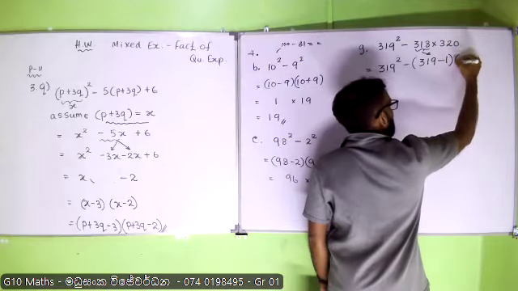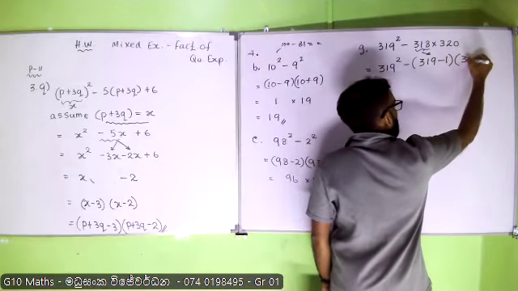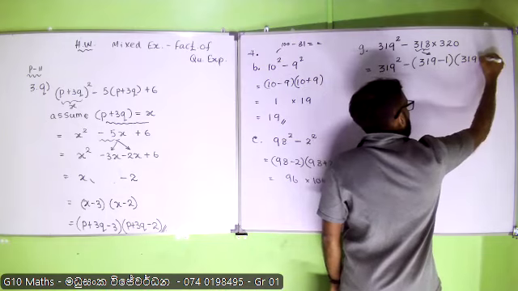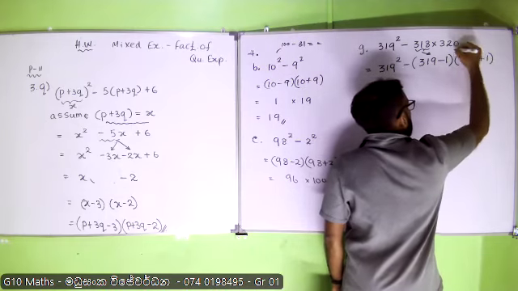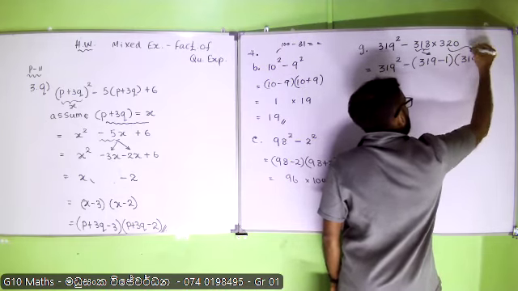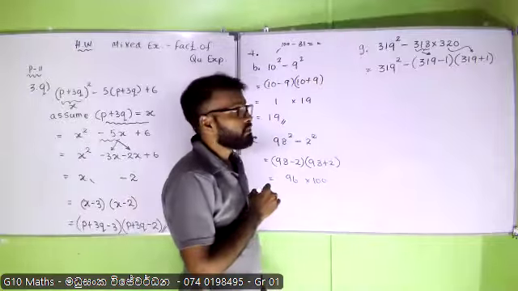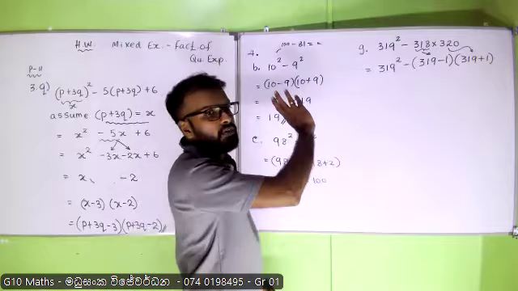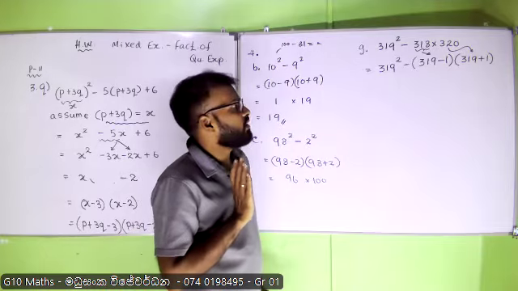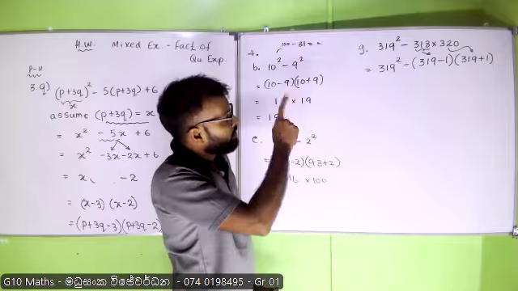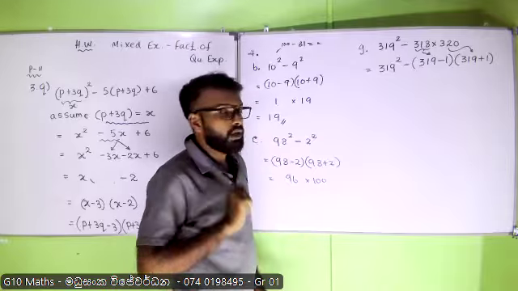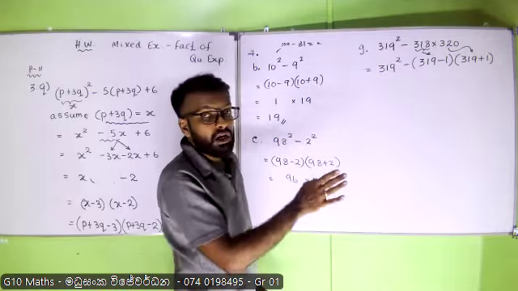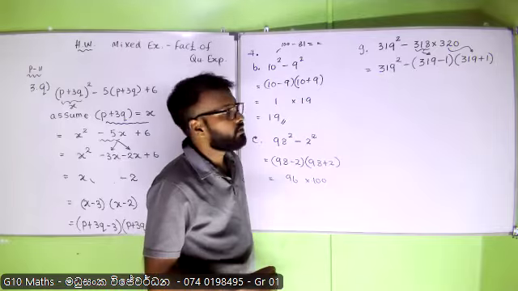I am using brackets again to represent 320. Right? Now, if you have any doubt, you can check backward whether I am getting the correct answer. 319 minus 1, 318, okay. 319 plus 1, 320, perfect, right?